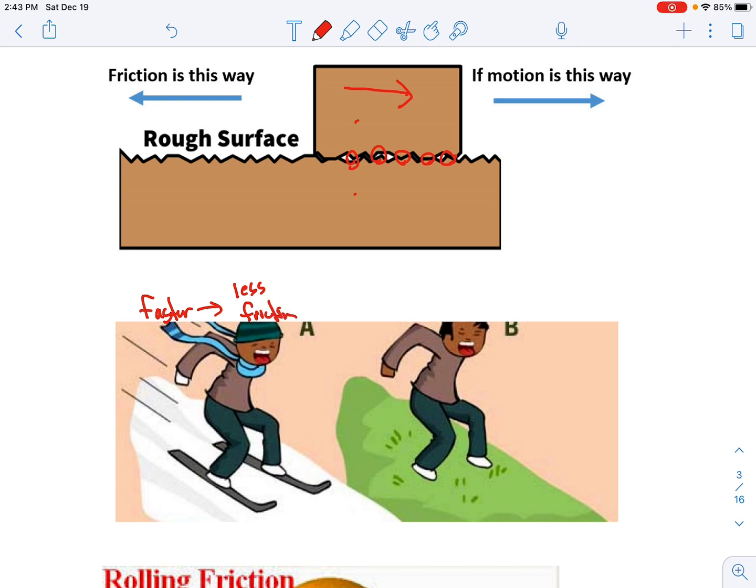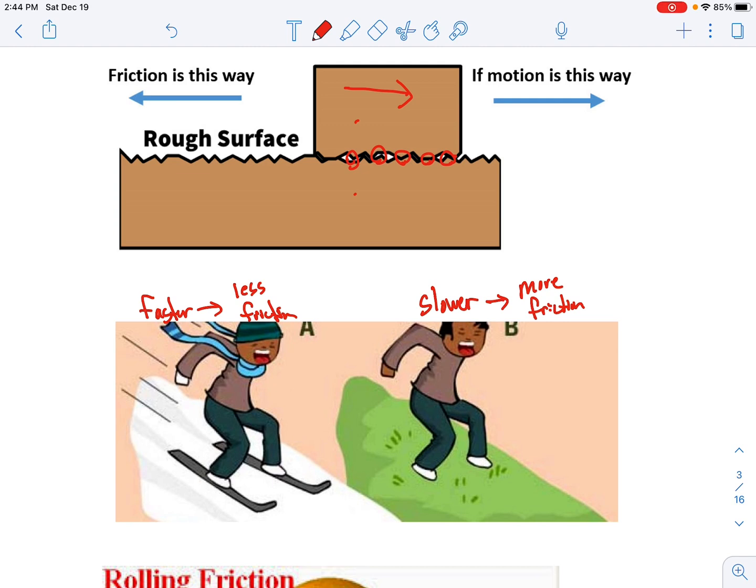Okay, now this guy over here, his rough bottom of his shoes and the rough grass, he's going to go a lot slower. In fact, he might not slide at all. He just might stand still with static friction. Okay, and because he has more friction between his feet and the grass than the skis and the snow had.